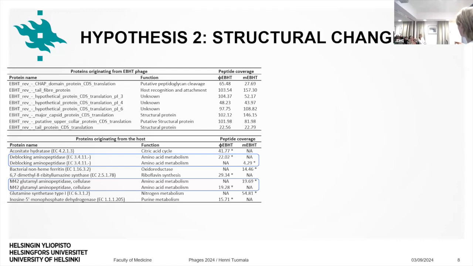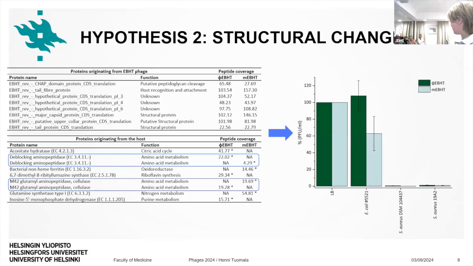Meanwhile, the host-originating proteins in the samples contained some differences, including some host peptidases that differed depending on the production host. We tested whether these peptidases would affect phage adsorption, and it was a no: over 99% of both phage variants adsorbed on both host strains.